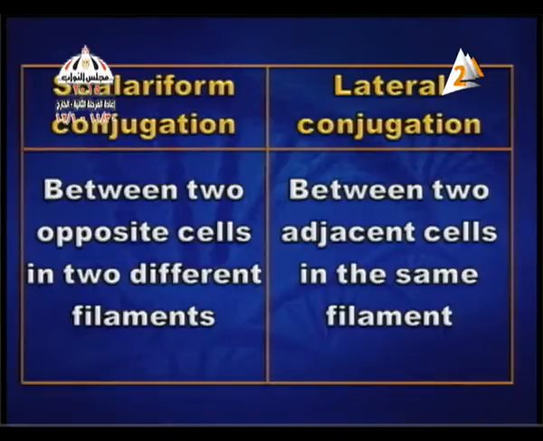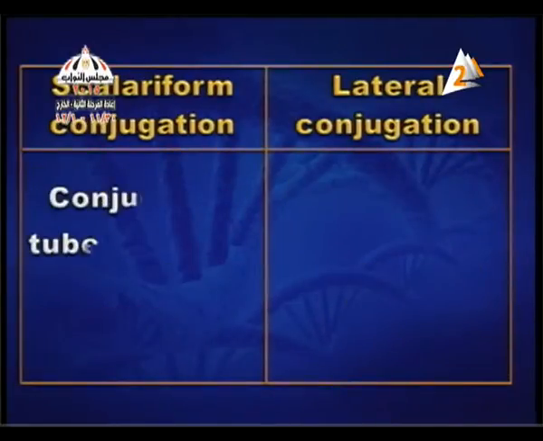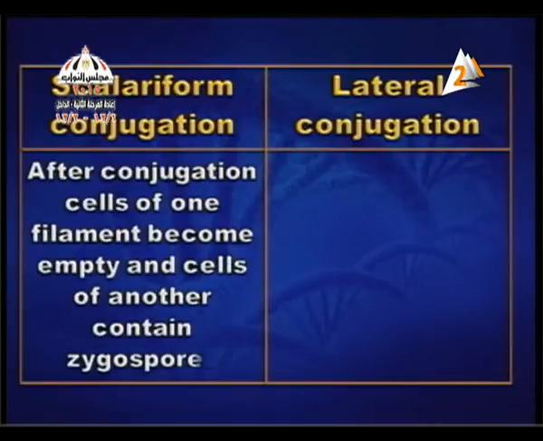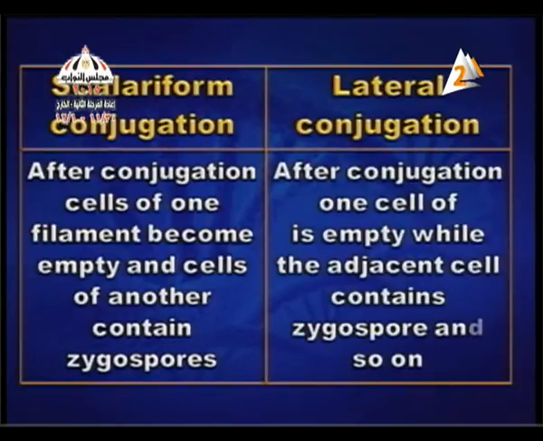A conjugation tube is formed in scalariform conjugation, but no conjugation tube is formed in lateral conjugation. Also, in scalariform conjugation, cells of one filament become empty and cells of another contain zygospores. While in lateral conjugation, one cell is empty while the adjacent cell contains a zygospore, and so on.